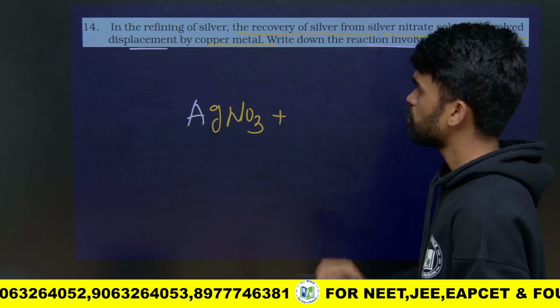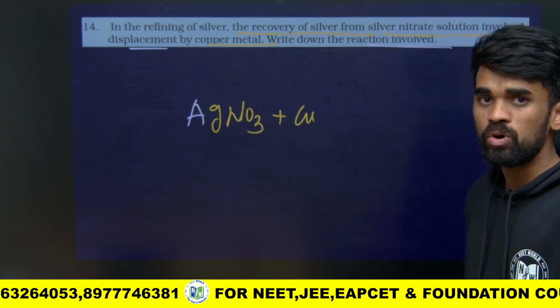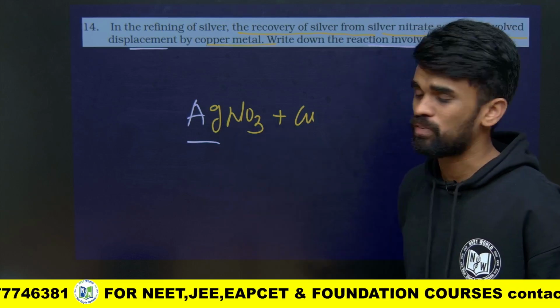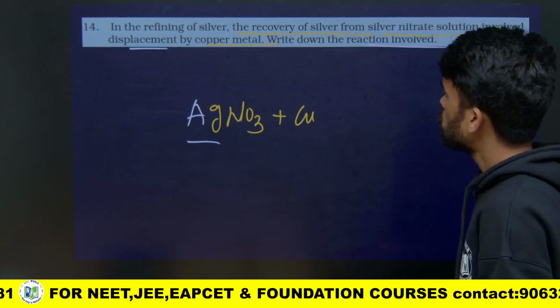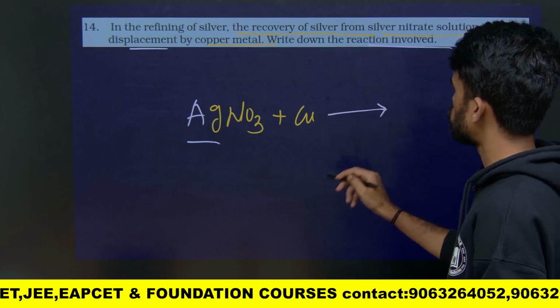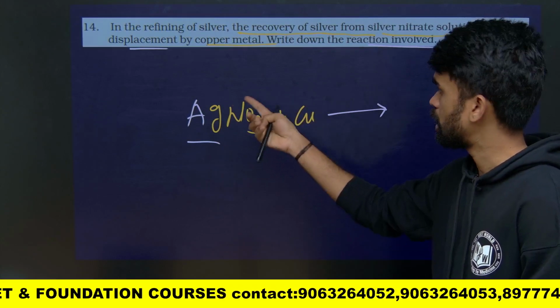Now this compound upon treating with copper, we know copper is a more reactive metal than silver, therefore copper can displace silver from its solution. So this is the displacement reaction. This process is used to extract silver from its compounds.